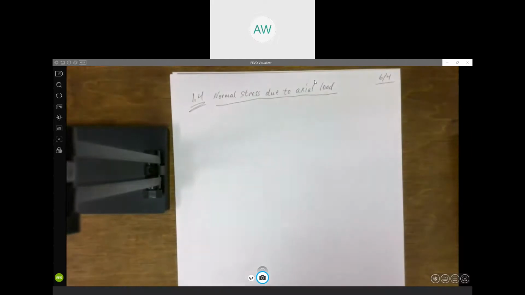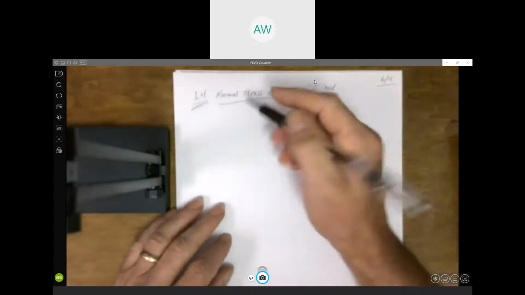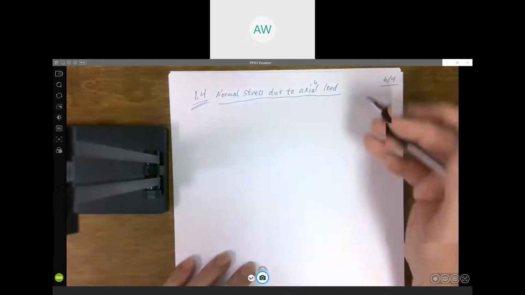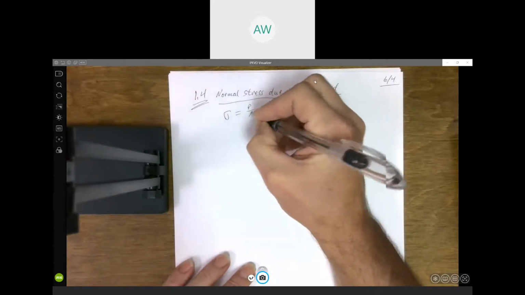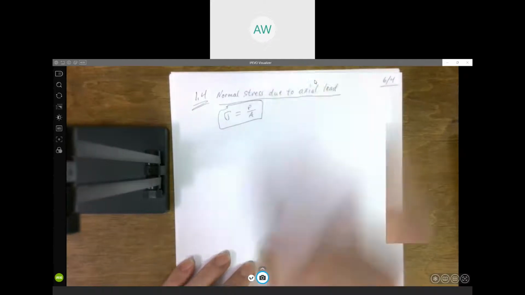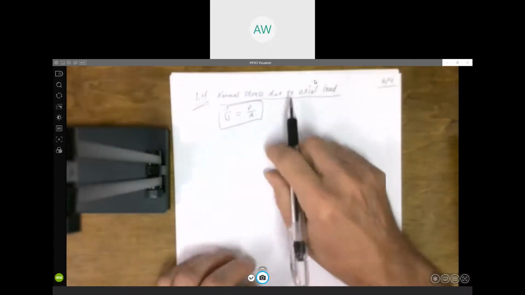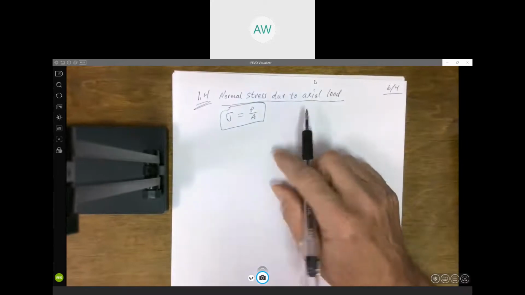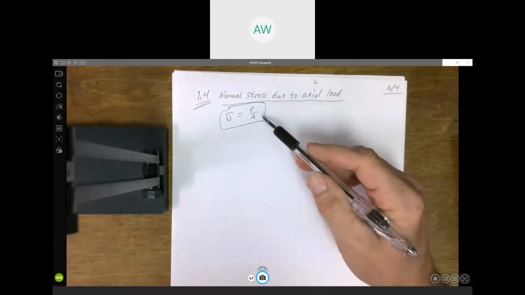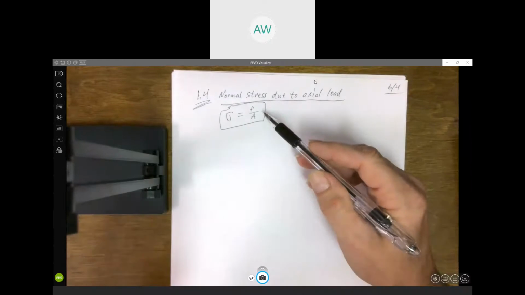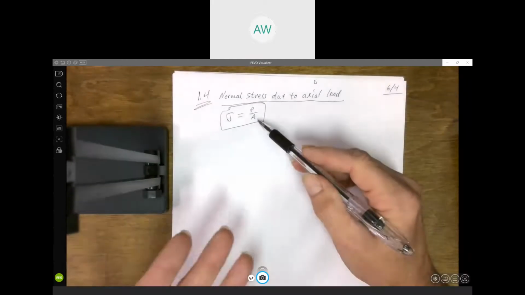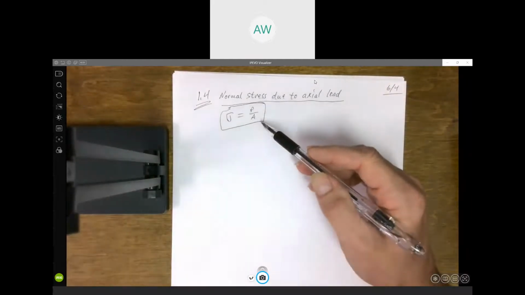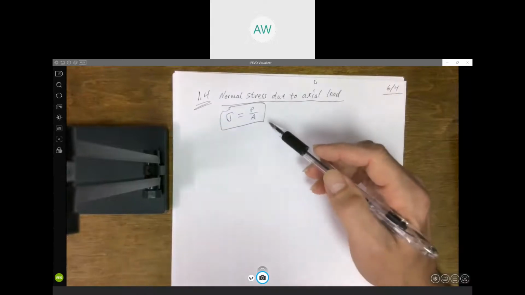So we've got a member that's just being exposed to an axial load, no bending going on whatsoever, and our normal stress was P over A. Again, the P here is the axial force that's normal, perpendicular to the cross-sectional area. And A is obviously the cross-sectional area. And so that's the formula we're using to calculate normal stress.